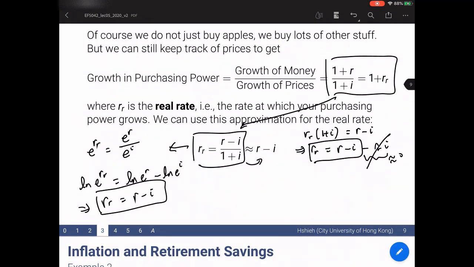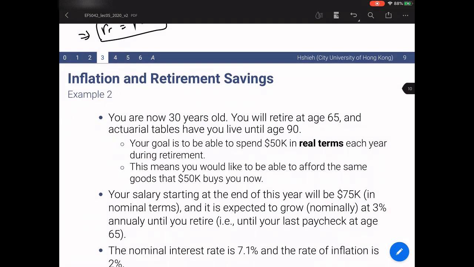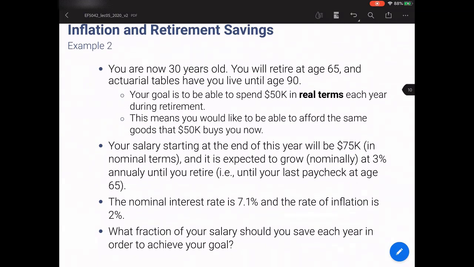All right, so let's go through an example in which we have to consider inflation in the context of retirement savings. So on slide 10, I give you this example where you are 30 years old and you plan on retiring at age 65.